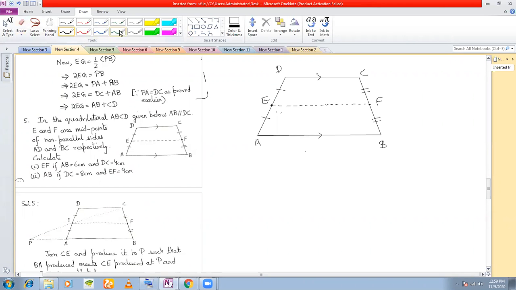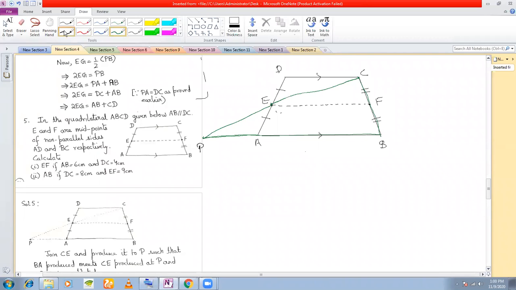What we do here is, since E and F are given to be the midpoints, you join CE and produce it to a point, say P, such that when I produce AB and complete this triangle, now see that in this big green triangle, just like in the previous problem, you have E and F as the midpoints of the sides.